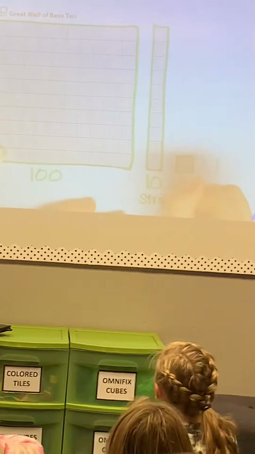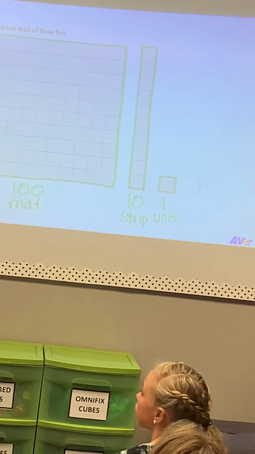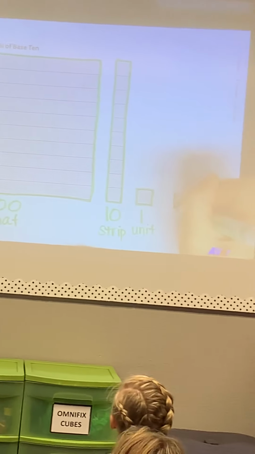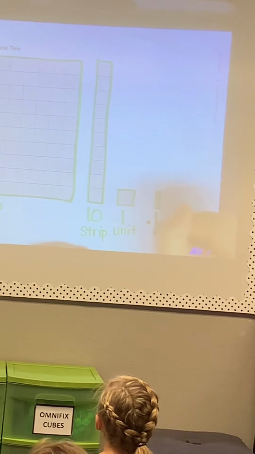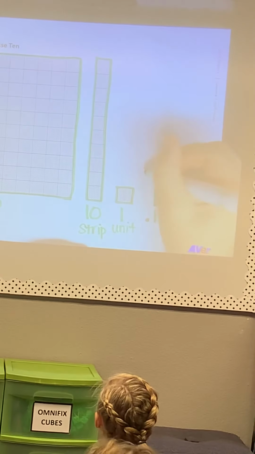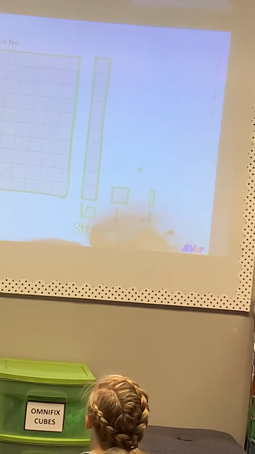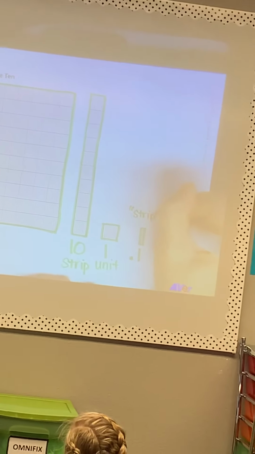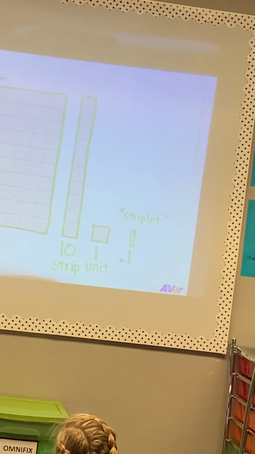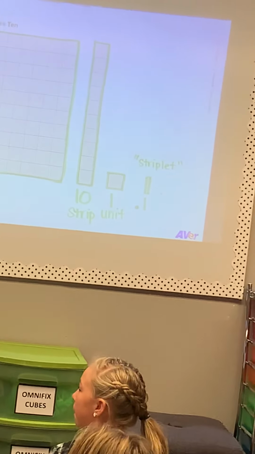This was our strip, and this was our mat. So now this right here represents what? 1/10 of a unit. 1/10. This is a funny word: since it comes after the decimal point, and it's in the shape of a strip, but it's not a strip, we're gonna call it a striplet. Who came up with these words? I don't know, I'm just following the curriculum.